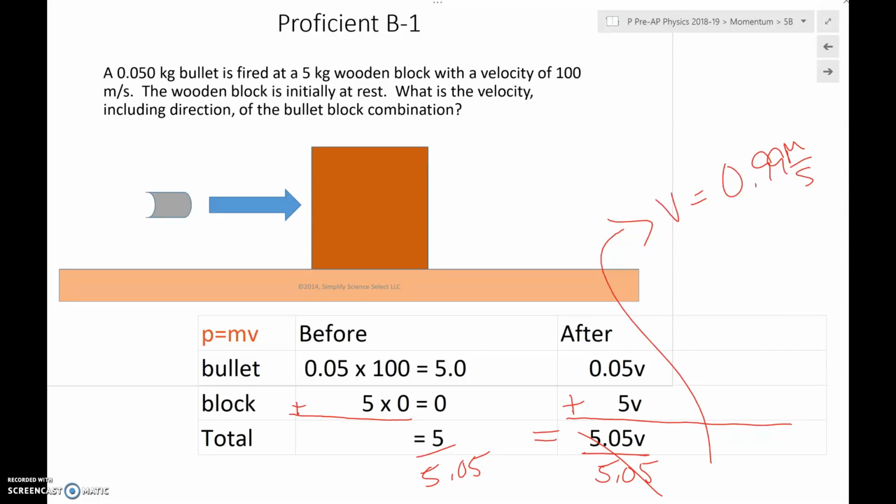So what happens to our velocity when our mass increases by 100? Our velocity decreased by a factor of 100 as well, all the way down to 0.99 meters per second. That's that inverse relationship between mass and velocity. That's our first example.